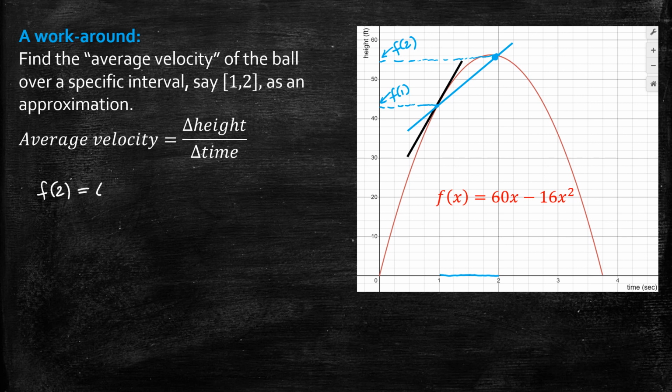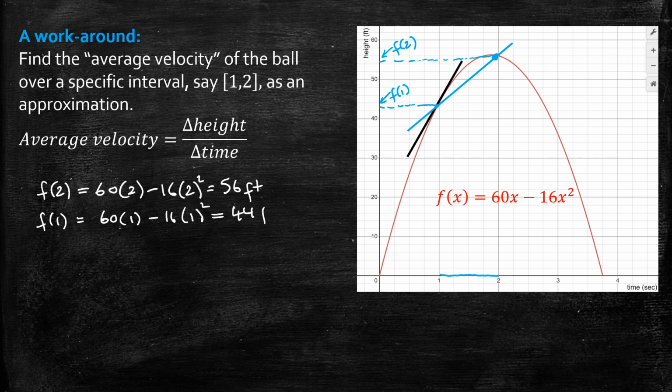So we take 2 and we plug it in for x in our function, and we find that the height at 2 seconds of the ball is 56 feet. And we repeat for 1 second, and we find that the height after 1 second works out to be 44 feet. So now the average velocity we can just get by doing change of y over change of x.